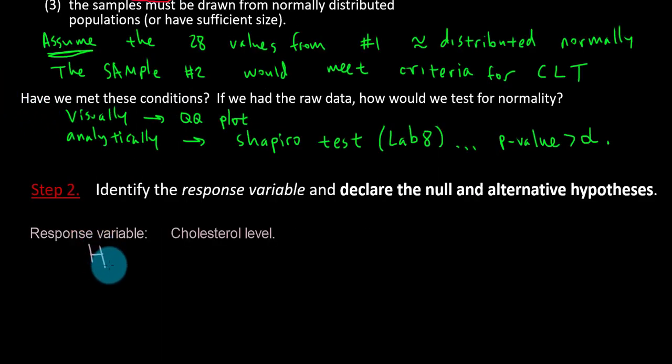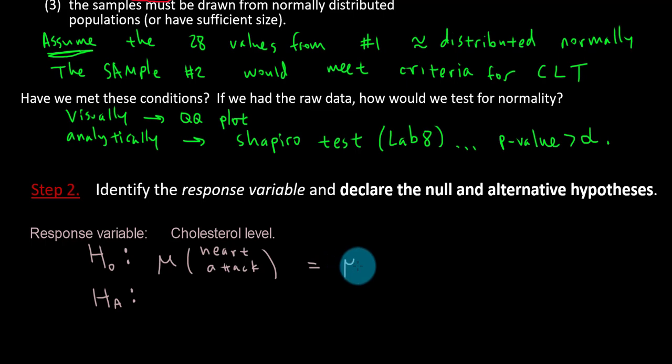For the null and alternative hypothesis, I'm going to state that the mean cholesterol level in the group that recently experienced a heart attack is the same as the mean cholesterol level as the group who did not recently experience a heart attack.